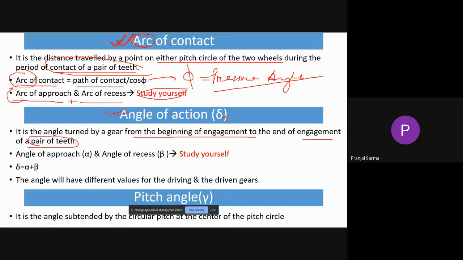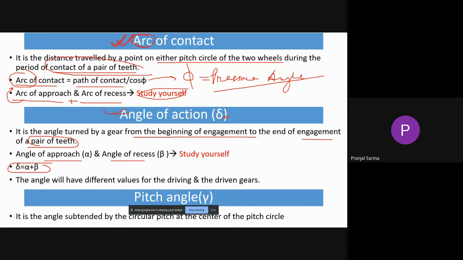If you consider a particular pair of teeth which is coming in contact and going to be engaged, from the beginning to the end, whatever is the angle turned by the gear is known as the angle of action. Once again, it has two parts, the angle of approach alpha and the angle of recess beta. That means the total angle of action is the angle of approach plus the angle of recess.